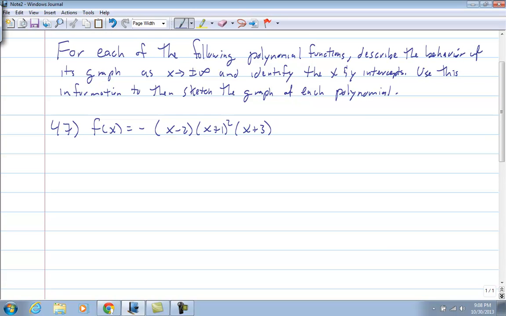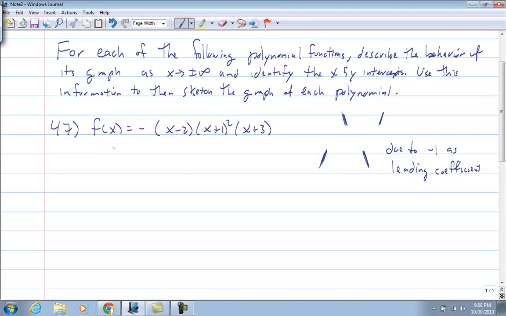We know x to the fourth will start high and go high if it has a positive leading coefficient. But this has a negative leading coefficient, so that means it's going to come from below, do some stuff, and then go back down again. Okay. Now we have some behavior in here.